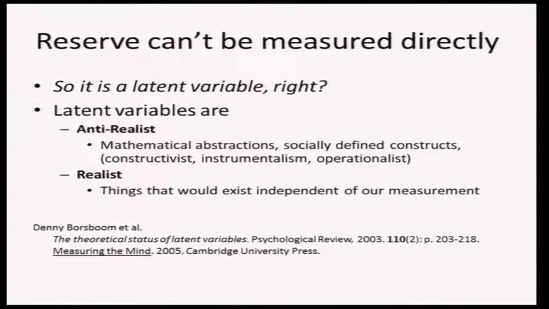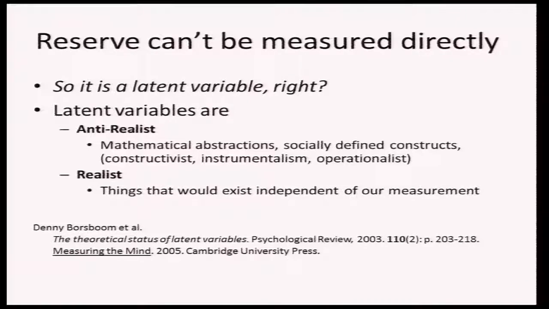There's basically two approaches to thinking about the ontological status of latent variables, and they are anti-realist and realist positions. The anti-realist position views a latent variable and your latent variable modeling technique as a variance decomposition exercise.